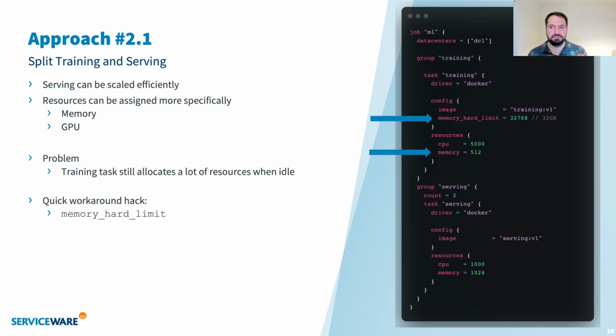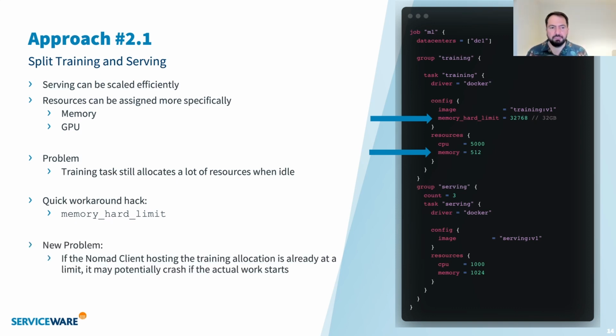But if it needs to do a training, it can go up to 32 gigabytes. This at least helps you free up unused memory in the idle state. But you still have a new problem if that allocation is hosted on a Nomad client that is already at max capacity when it comes to memory: your application potentially may crash, and you want to avoid out of memory exceptions.